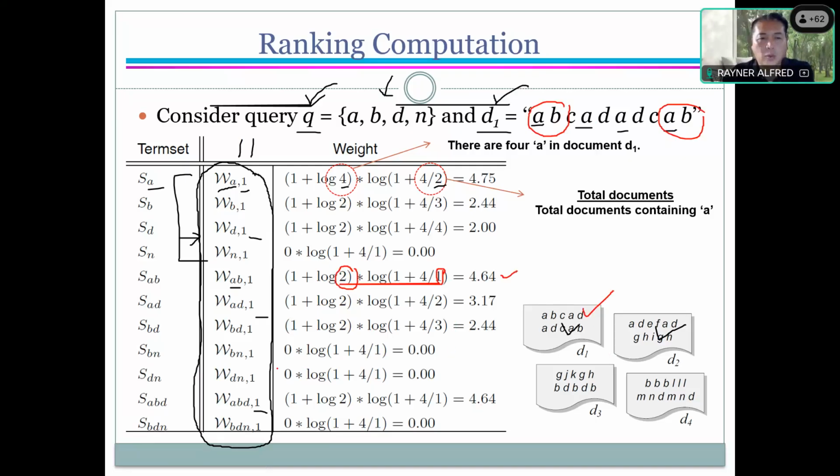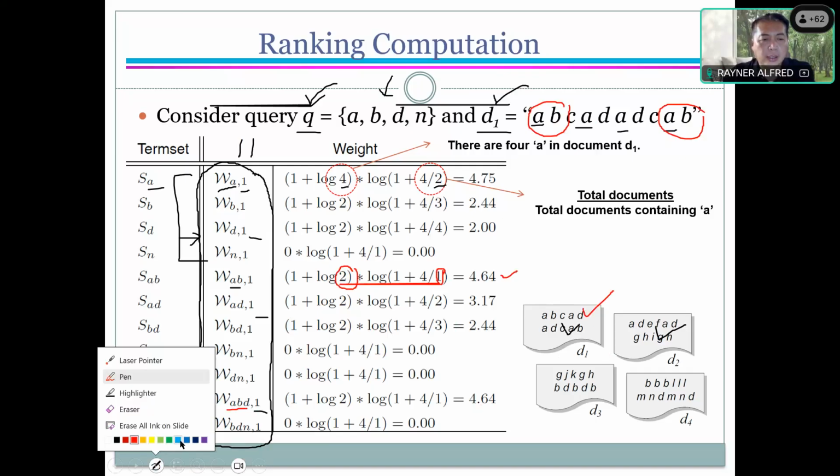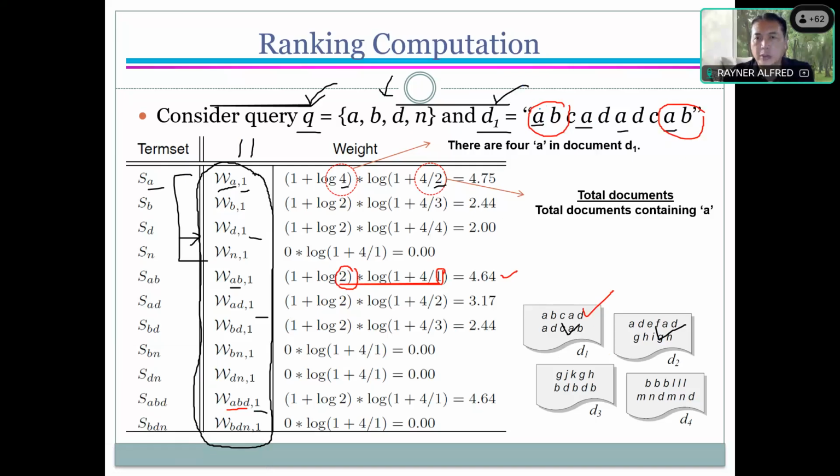Okay. So what about ABD? So ABD, we look at the occurrence of ABD. So we take A, B, and D. Okay.